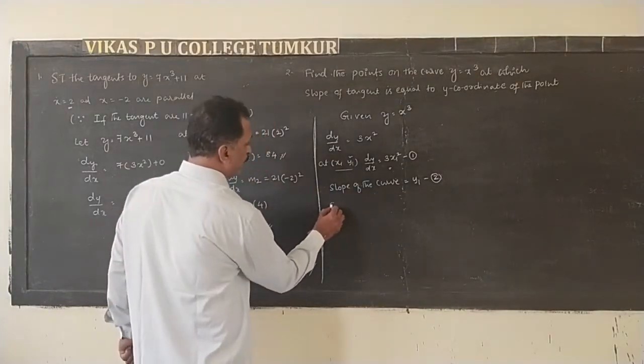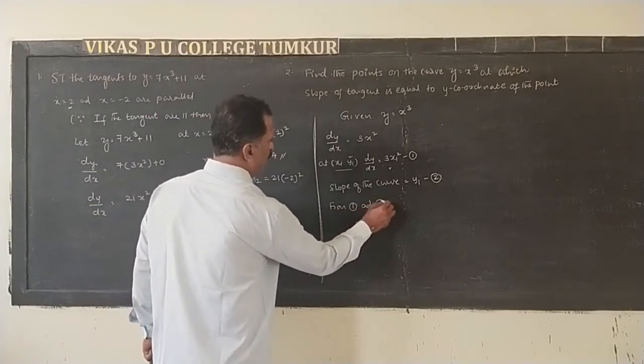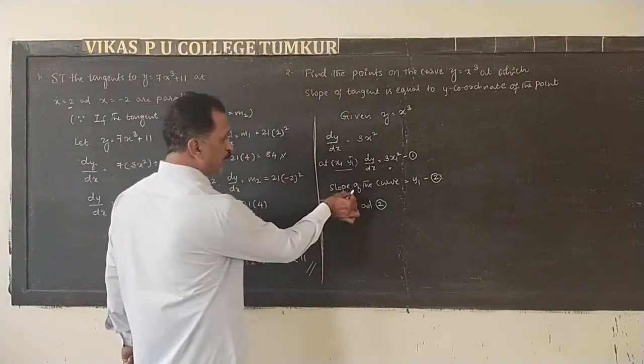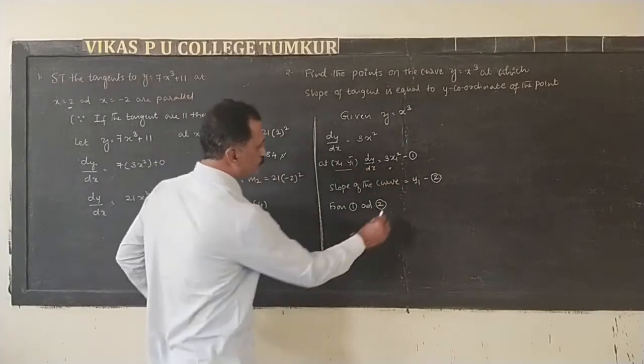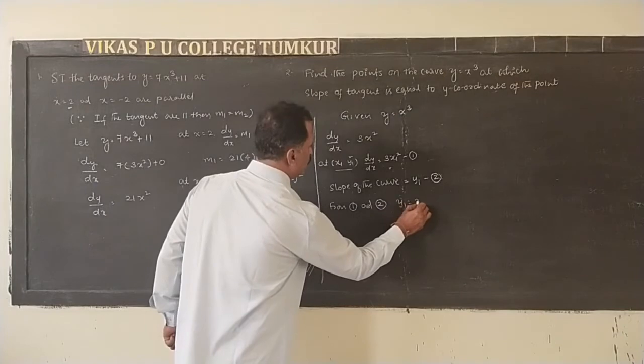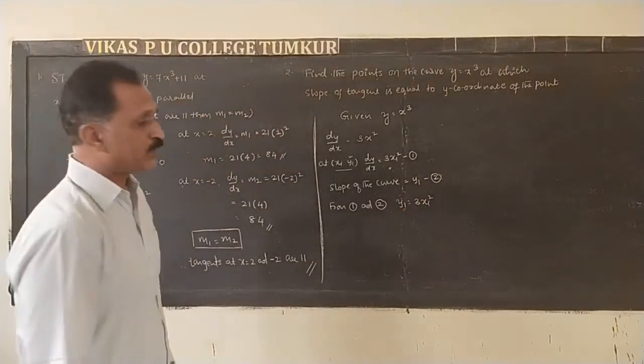It is very clear from equation 1 and 2. From 1 and 2, I can easily conclude that ಎರಡು ಸ್ಲೋಪ್ 3x1 square is equal to y1 ಆಗುತ್ತೆ, ಅಥವಾ y1 is equal to 3x1 square. Got it?